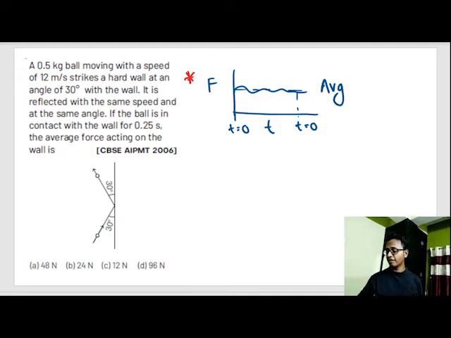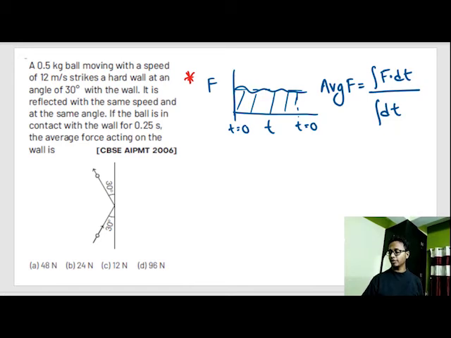Average of any graph is nothing but area under the graph, given by integral of f dt, divided by the range, t final minus t initial. Sorry, this was not 0, this was 5, so time at 5 minus time at 0. This is the formula that you have to apply whenever the average comes up. Average of any graph is given by this formula.